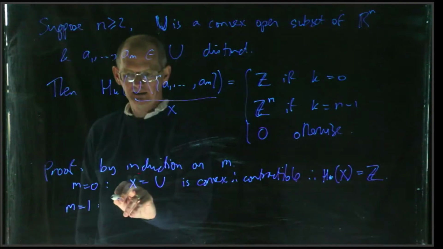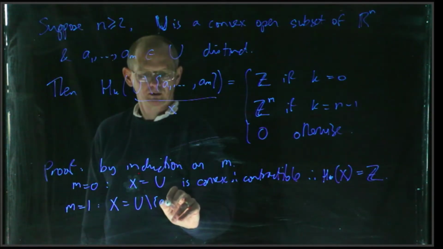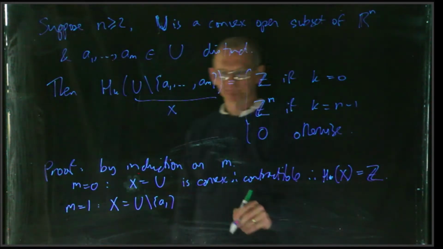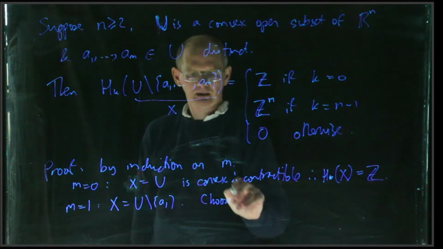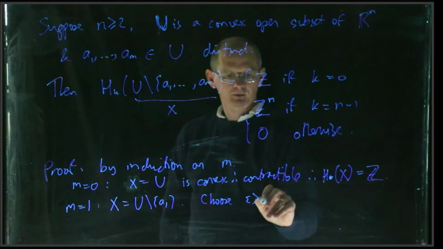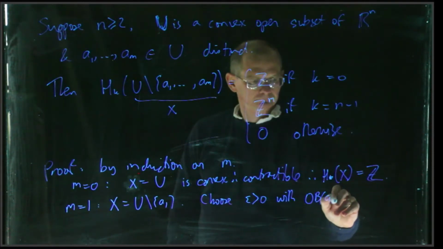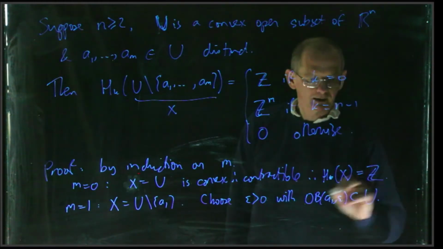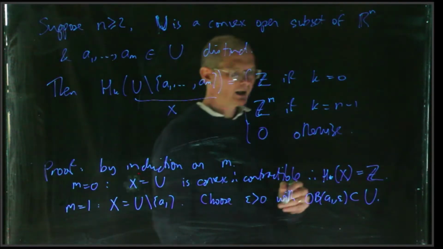So you take a convex open set and you remove a1. We're going to choose some epsilon. A1 is supposed to be an element of U, which is an open set, so we can choose some open ball around it.